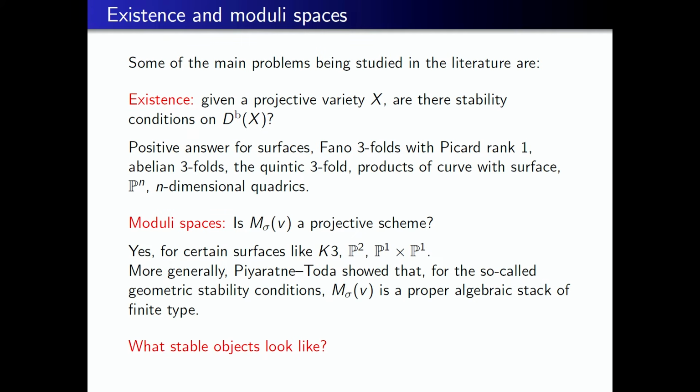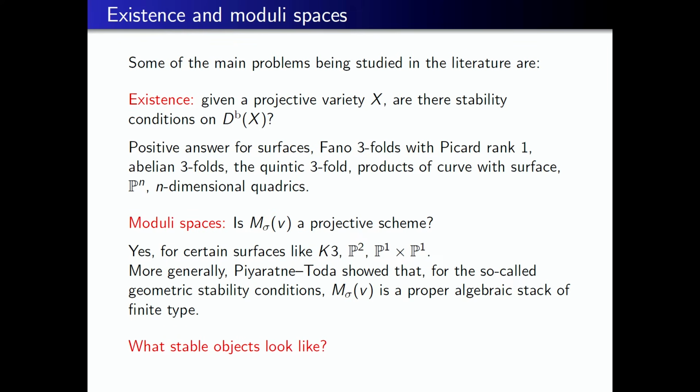So some of the main problems that are studied in the literature about these things is first the existence of these things. For a given projective variety, look at the derived category of coherent sheaves on this variety.